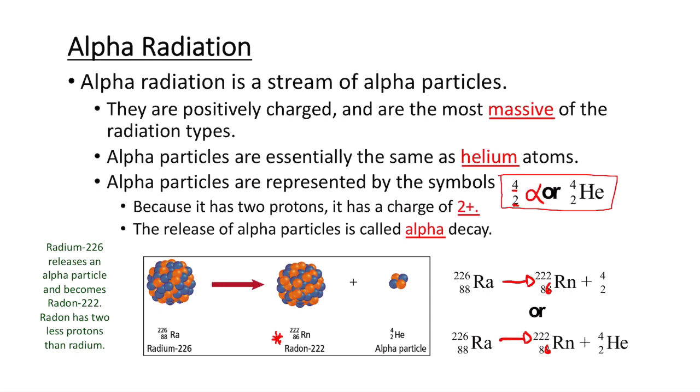So when you're looking at these, 226, so the top number above radium, is equal to 222 plus 4. So 222 plus 4 is 226. So the total mass of this does not change. It's just split between the radon and the alpha particle.